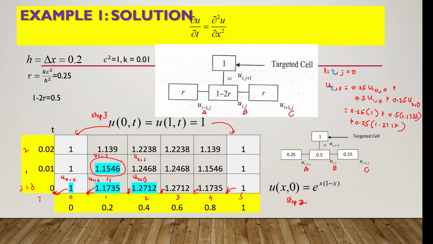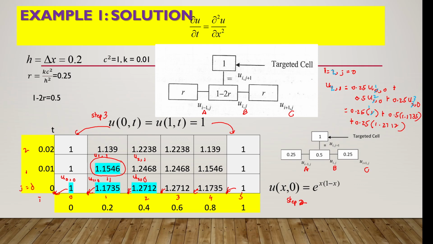So when you increase I by 1, this becomes 1, this becomes 2, this becomes 3. Because you already changed from U10, U20, U30, the value from 1, 1.1735, 1.2712 moves one column to the right-hand side.